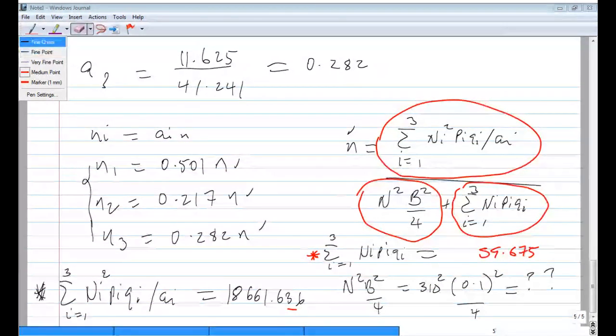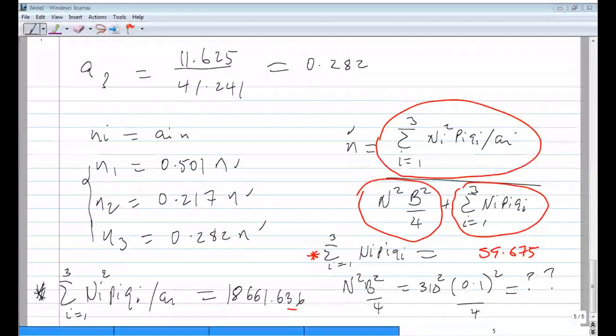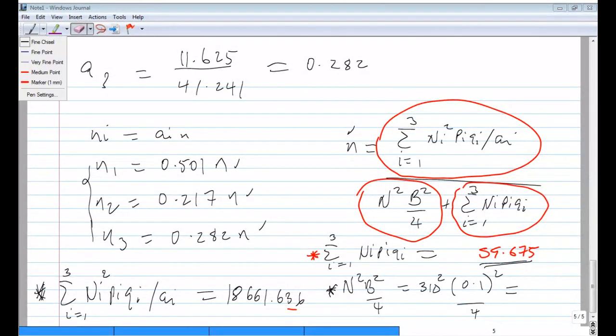Is there anyone who's getting a different one? I got the same there. Okay, it's fine. Now let's go to the bound, n squared, bound squared divided by 4, this one. 240.25.